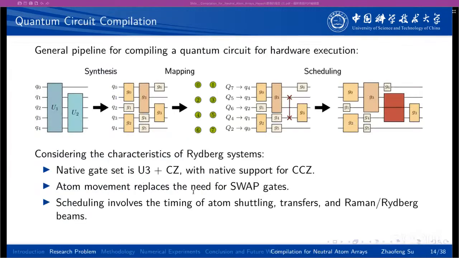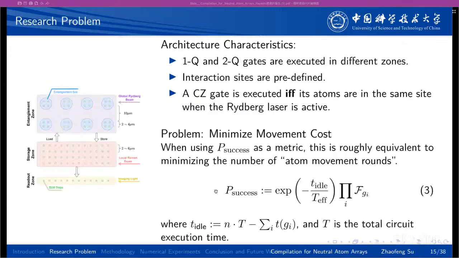Yes, the formulation. So in this metric, this is fixed, and this is also fixed.